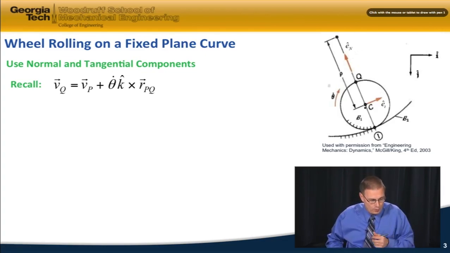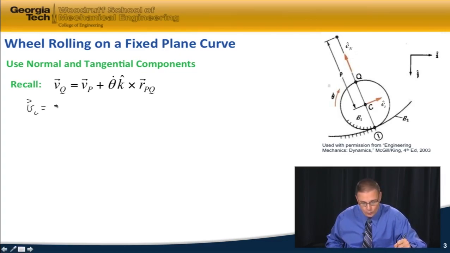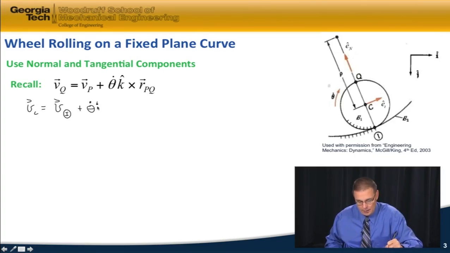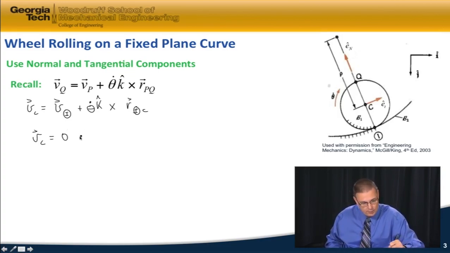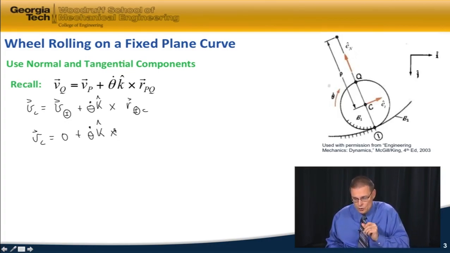So let's write that equation: v of c is equal to v of the known, which is v of I, plus theta dot k crossed with r, going from our known to our unknown. So v of c is equal to 0 for the velocity of the instantaneous center, plus theta dot k. And again, we're using normal and tangential components.